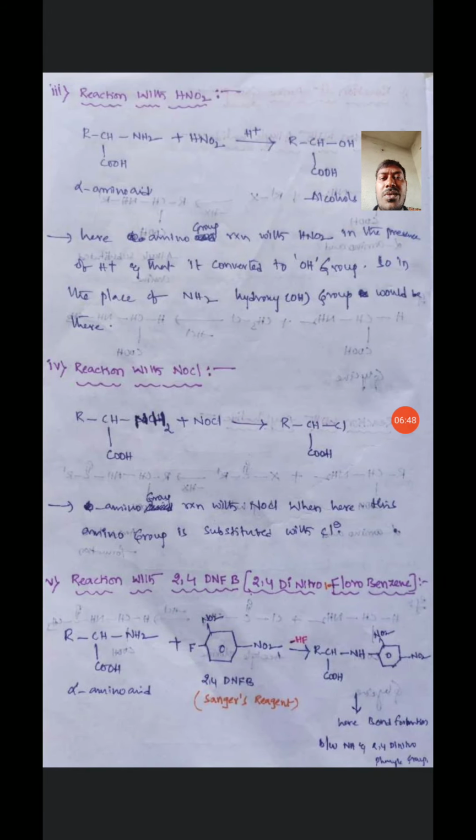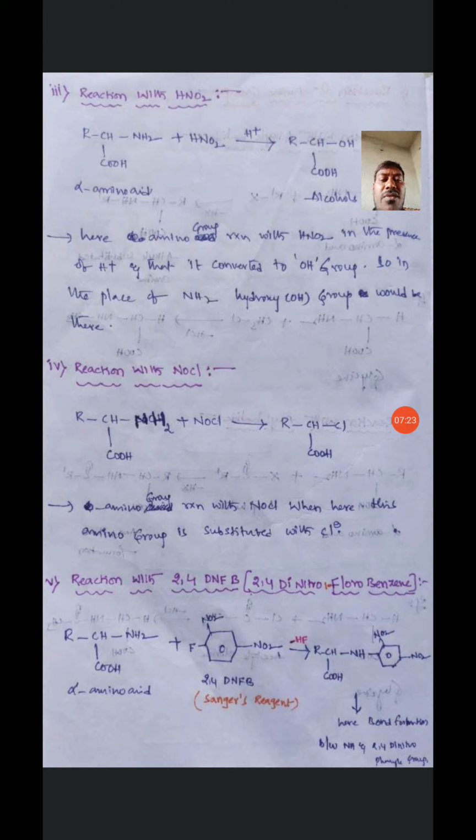The next reaction is with HNO2. Alpha amino acid RCH COOH NH2 reacts with HNO2, nitrous acid, and forms alcohols. The amine group of the alpha amino acid reacts with HNO2 in the presence of proton and is converted to an OH group.